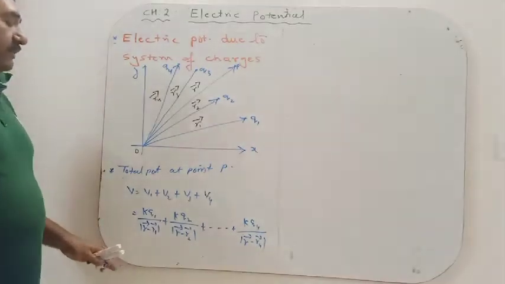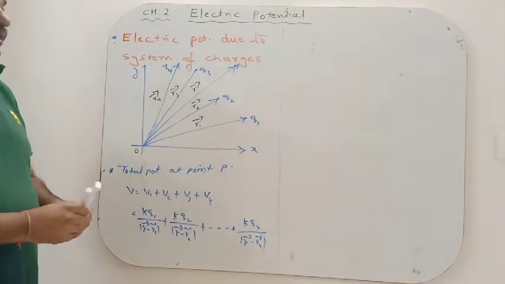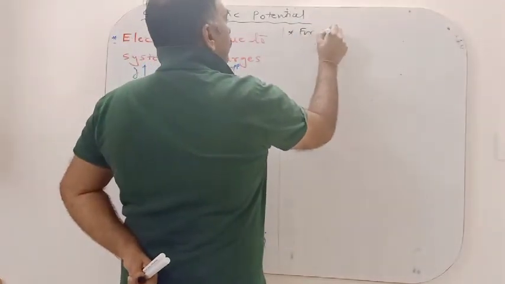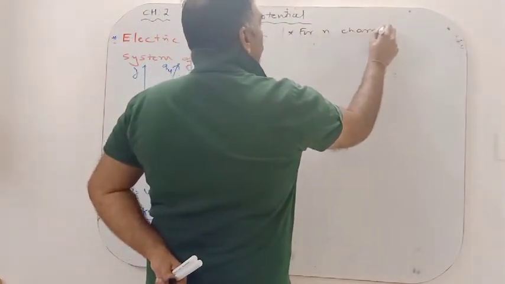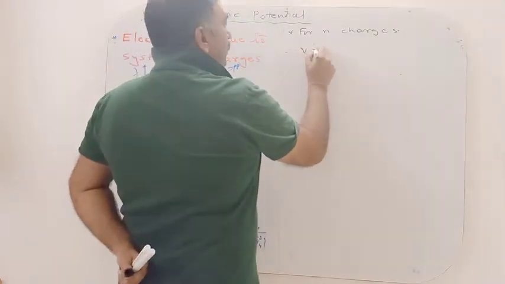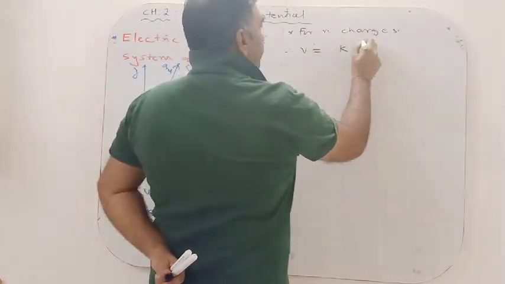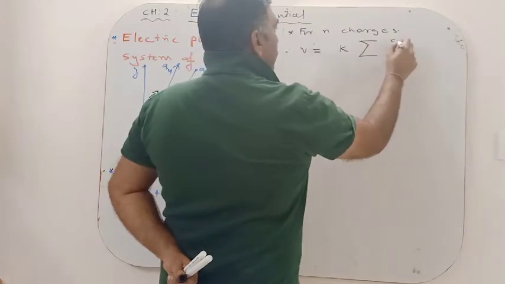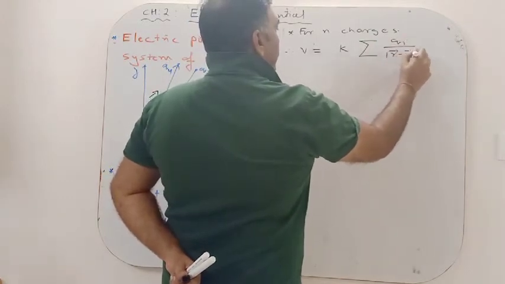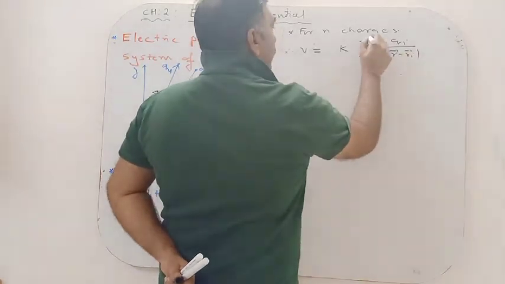And here we have only 4 charges, and for n number of charges, what is the formula for the potential? V is equal to simply k sigma Qi upon mod of r minus ri, where i is running from 1 to n.